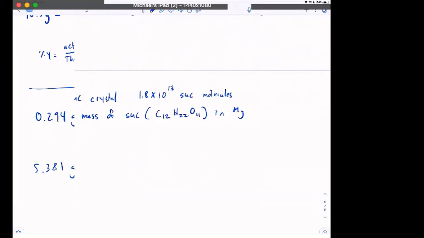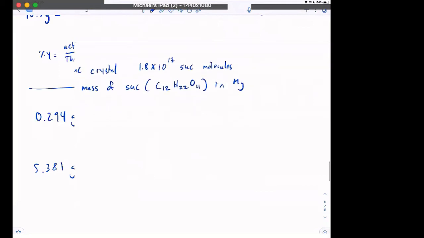Okay, to figure this out, this time we're given molecules and also 2 sig figs. So you have 1.8 times 10 to the 17 sucrose molecules times a mole of sucrose over 6.02 times 10 to the 23rd.